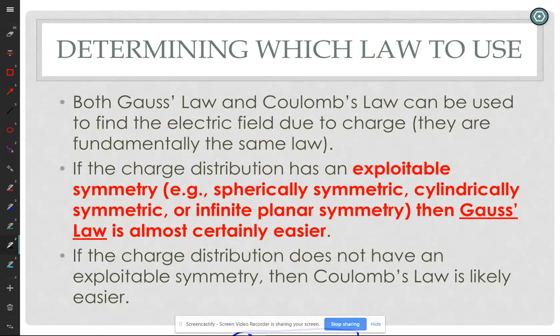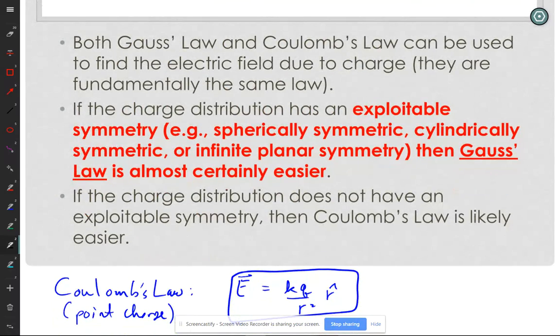That's the first question you ask. You look up here, if the charge distribution has exploitable symmetry, e.g. spherical symmetry, cylindrical symmetry, or infinite planar symmetry, I realized this morning when I was talking to Chad that I should just call that mirror symmetry, right? Because that's what infinite planar symmetry is, a mirror symmetry. Then Gauss's law is almost certainly easier. And in that case, we say we have an exploitable symmetry.